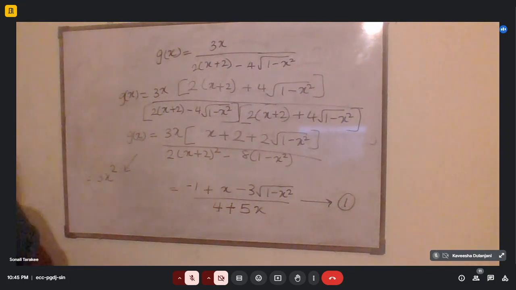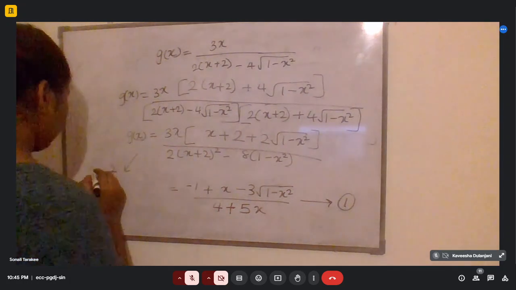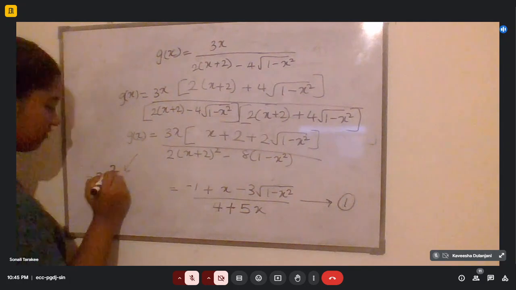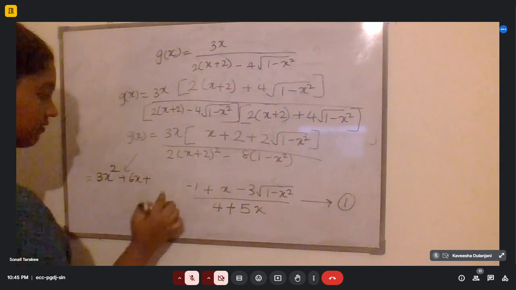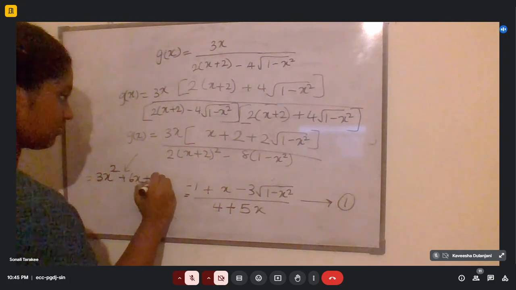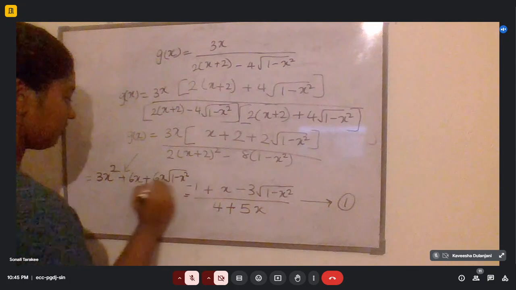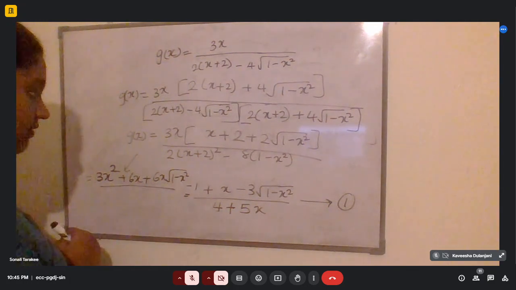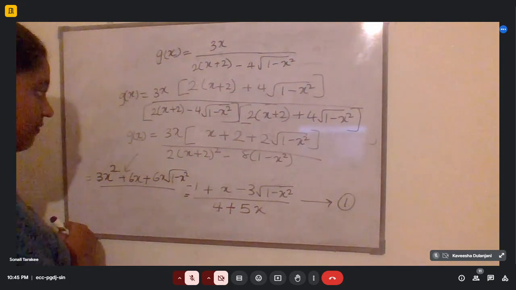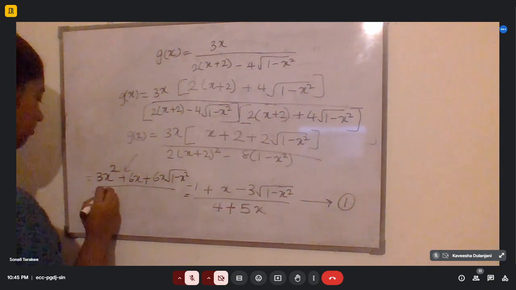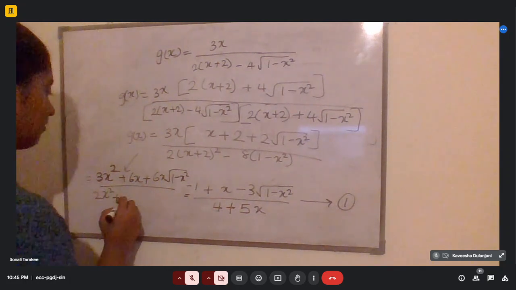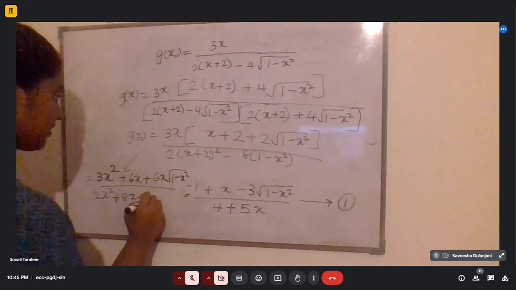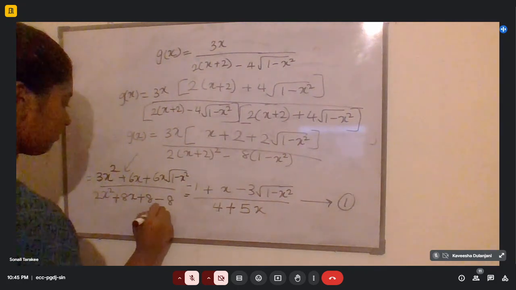I don't know whether you can see it. 3x squared plus 6x plus 6x square root of (1 minus x squared) over 2 into 2x squared plus 8x plus 8 minus 8 plus 8x squared.